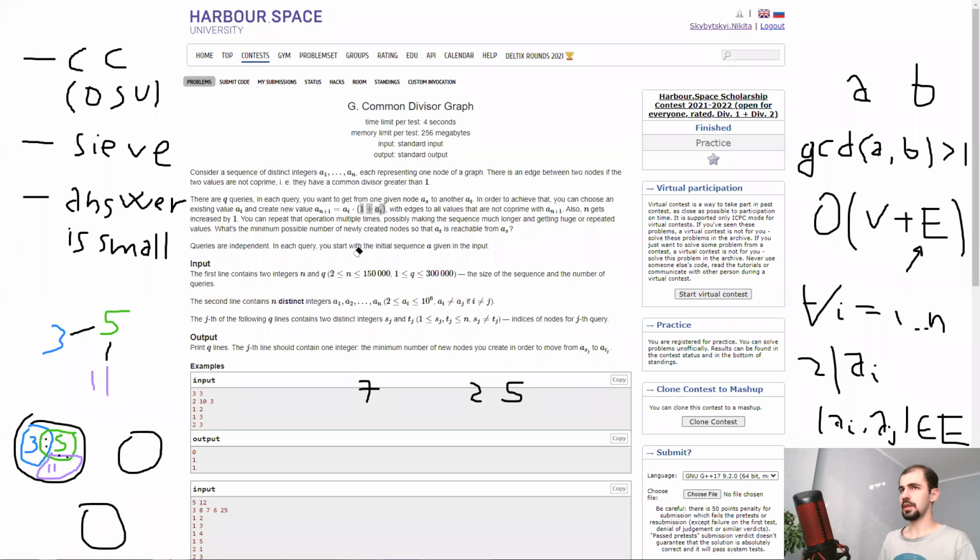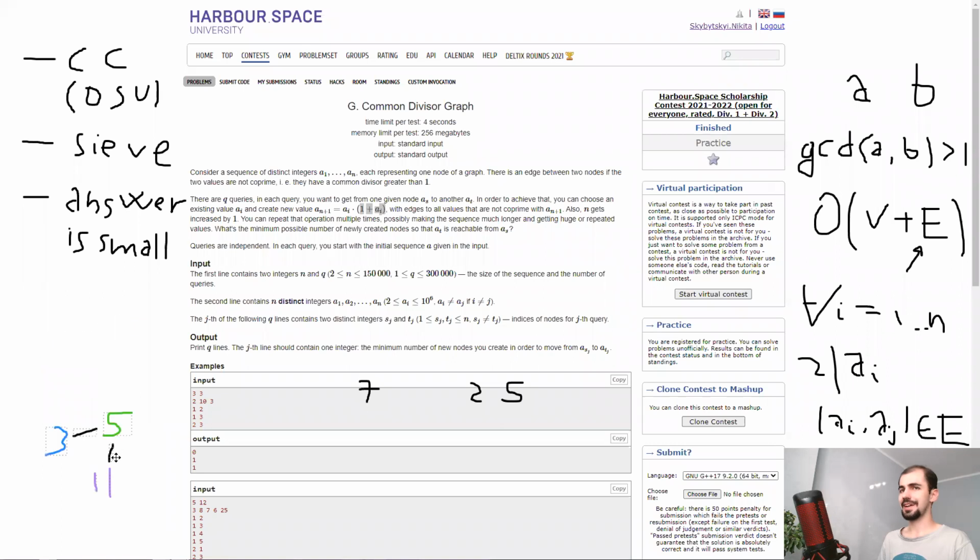So not only do we not have a quadratic number of edges, we also greatly reduce the number of vertices in our graph. If we create a graph where a vertex is a prime number up to 1 million, then there will be approximately 50,000 vertices, so like 3 times fewer.